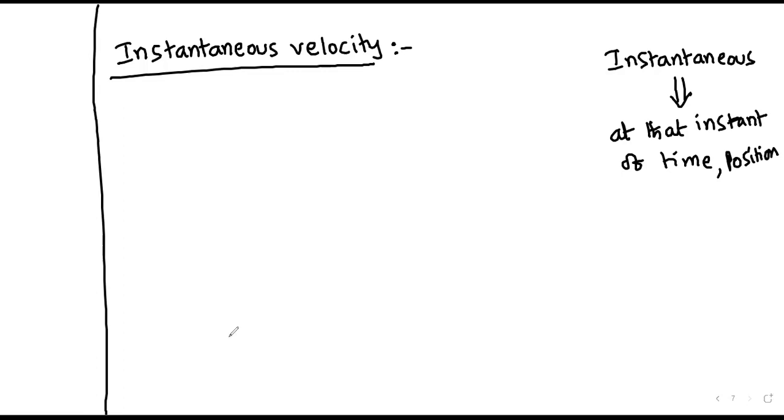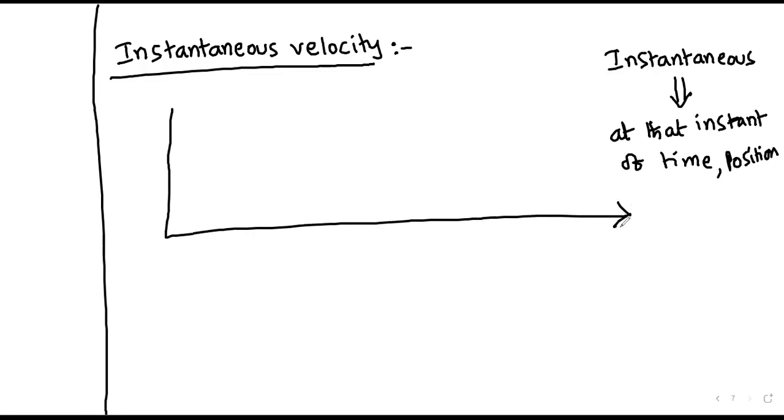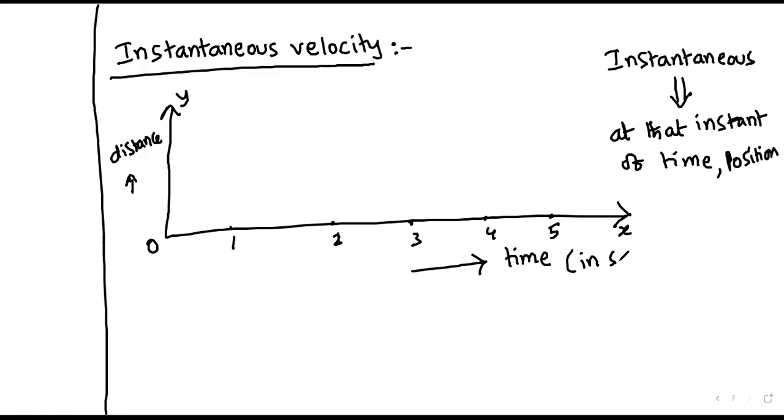Let us consider an example. Let us consider a Cartesian coordinate system. On the x-axis it is time, and on the y-axis it is distance, or displacement. Let us consider 1, 2, 3, 4, and 5. Time is in seconds and distance is in meters.